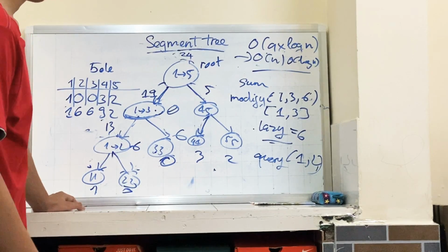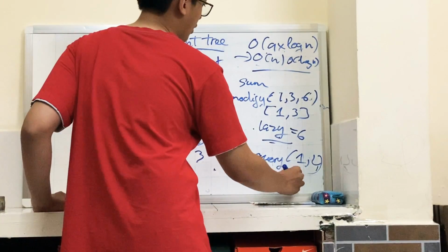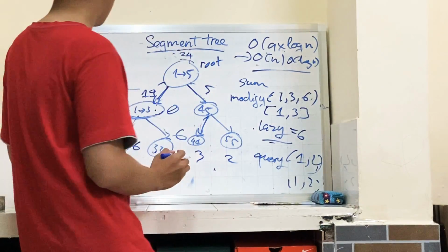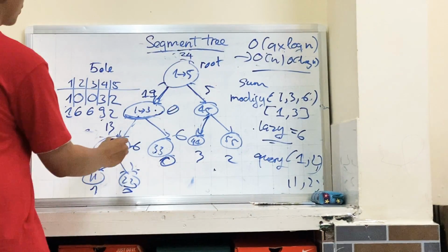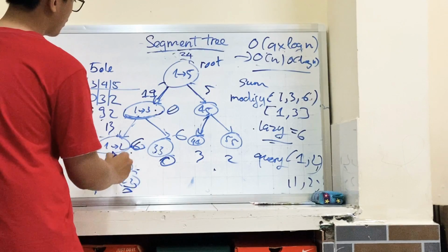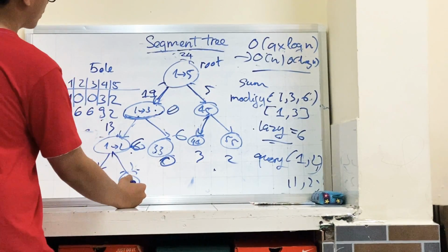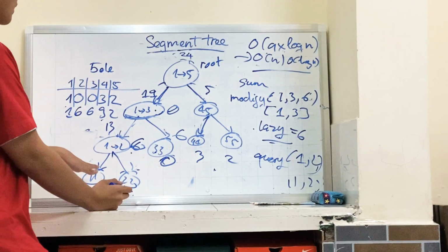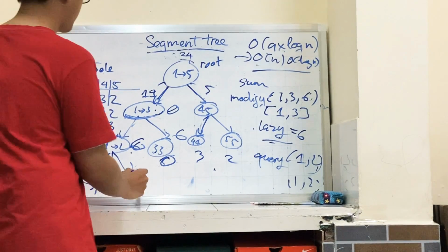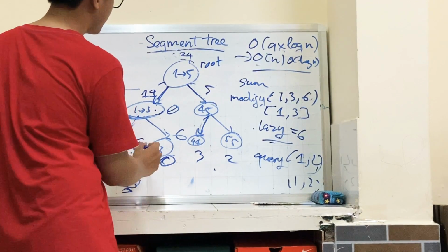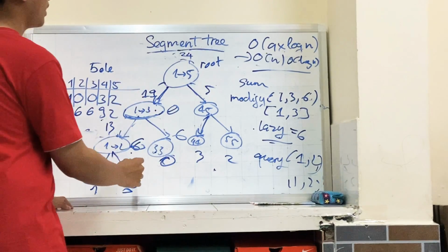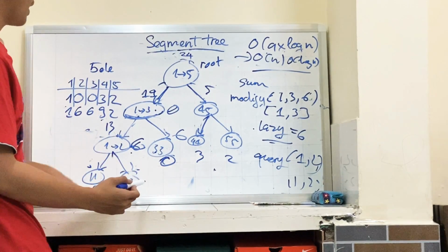So whenever you try to query 1 1 or query 2 2, the parent nodes will push the lazy value to the lazy value of the leaf nodes, and after it pushes, the lazy value will be pushed inside the actual value.